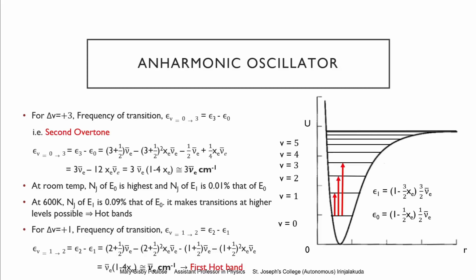Approximating it, we get it to be approximately equal to nu e bar centimeter inverse. And this is the first hot band. It represents the transition from V equals 1 to 2. Similarly, we can have hot bands for transitions from 2 to 3 or 1 to 3 also. Only at higher temperatures do we see this line in the spectrum. The intensity of the hot bands in the spectrum will increase only at higher temperatures.